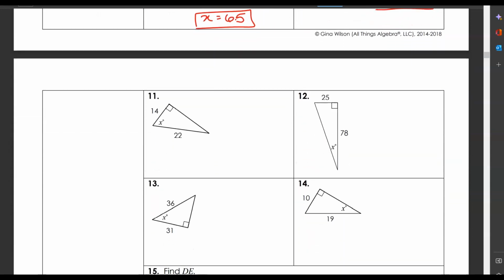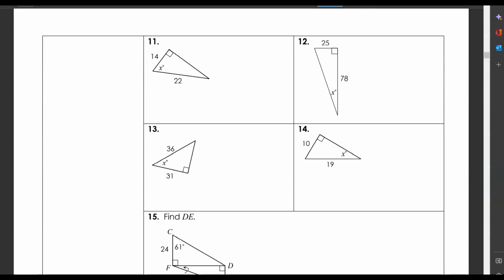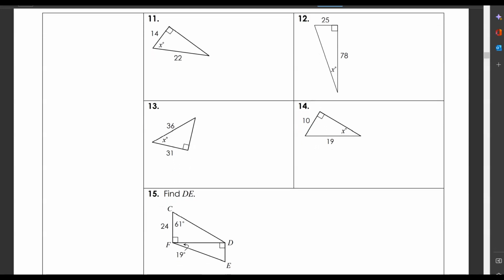Looking at number 11 through 14, now we're practicing using the inverse trig functions, right? Because now notice that the angles are what's missing. So when the angles are missing, we are going to be looking at those inverse trig functions. So looking at here, I have a hypotenuse available and I have an adjacent side available. This tells me that the best trig ratio is going to be cosine. And so I'm going to have cosine of x equal to 14 over 22.